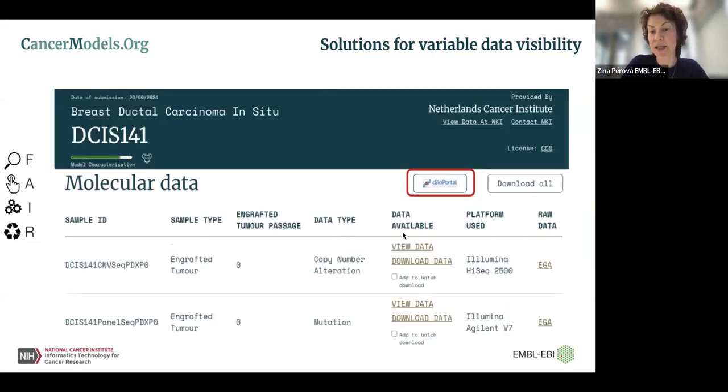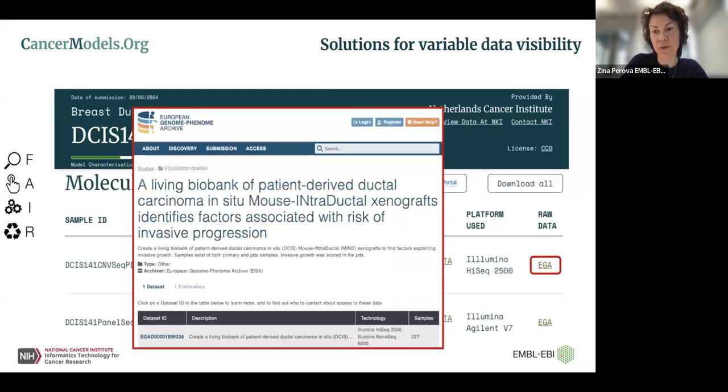All the data in the platform is available for download as well as to view through a cBioPortal instance, and we always link to raw sequence data for reanalysis if the user wants it. So the link will bring you directly to the study within the raw data archive. In this case, this is in EGA, which is controlled access data.